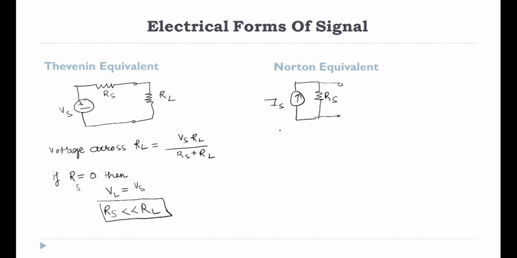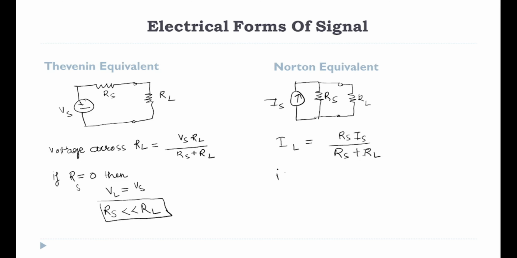For the Norton equivalent, we find the current through this load resistor by using the current division rule. So this is the value of current through the load.